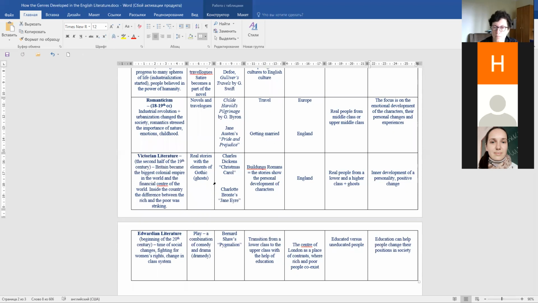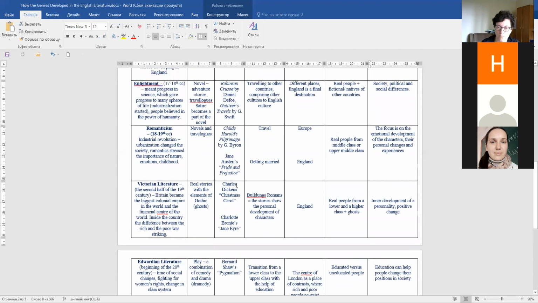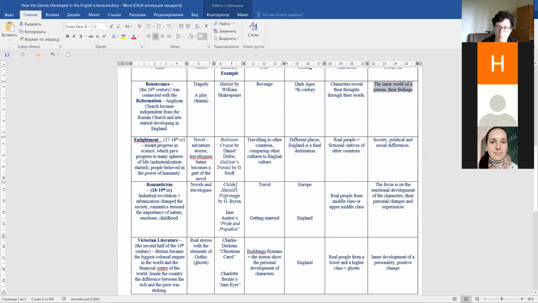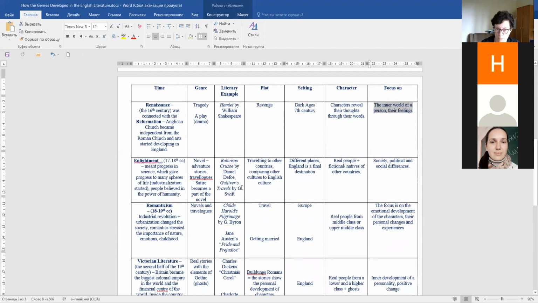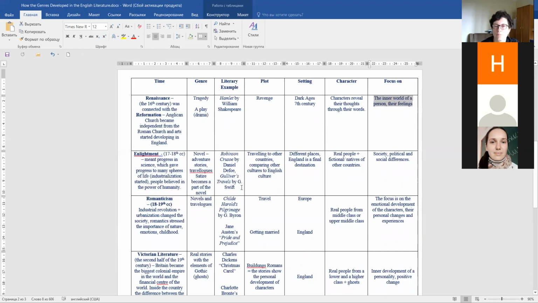Literary examples are Charles Dickens' A Christmas Carol and Charlotte Bronte's Jane Eyre. They are Bildungsroman, stories that show the personal development of characters. Stories are set in England. The characters are real people from lower and higher classes, and we also see Gothic elements.